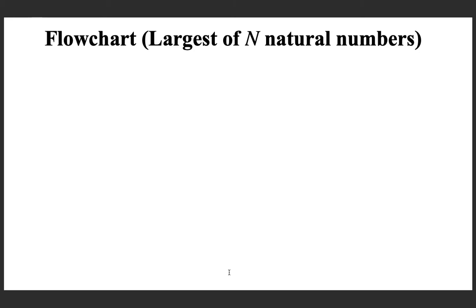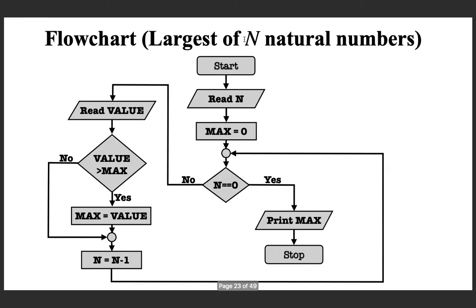Now let us proceed and find an algorithm to obtain the largest of n natural numbers and see how you can represent it as a flowchart. We already have discussed an algorithm for this, and now we are going to look at a flowchart representation of that algorithm. And here is the flowchart representation.